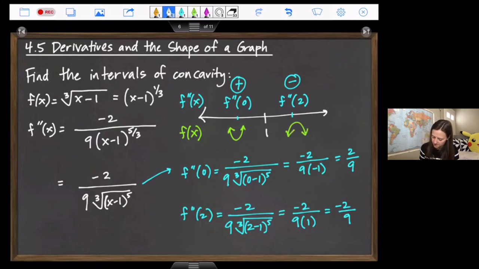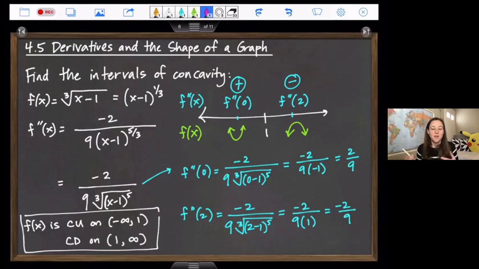All right, so we'll say, see, I don't have a lot of room. f of x is concave up on negative infinity to 1 and concave down on 1 to infinity. And again, we ended up changing concavity at our point on the number line. So we're going to say at x equals 1, we've got an inflection point. All right, so we'll do much more with these kinds of intervals when we get together on Zoom.